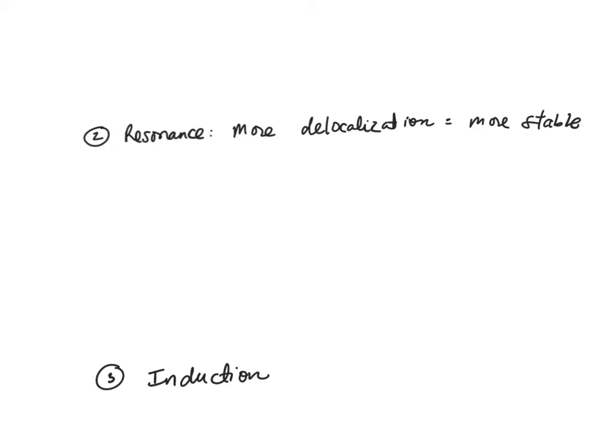One classic example of that is comparing ethanol to acetic acid. Again, we're looking at the equilibrium with the conjugate base.